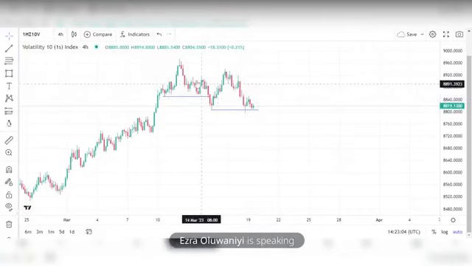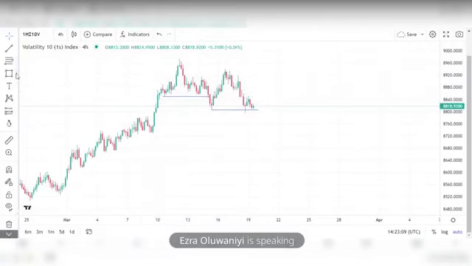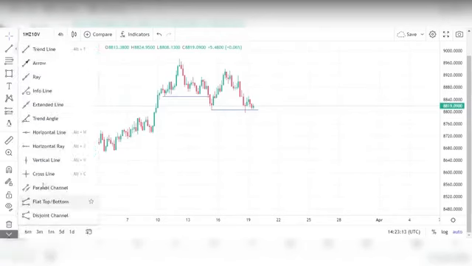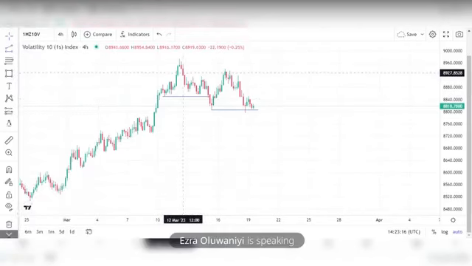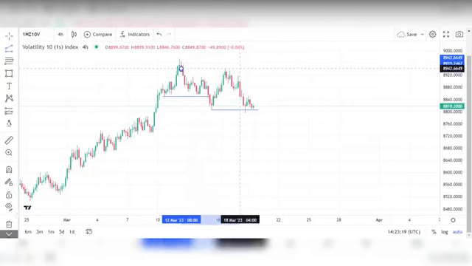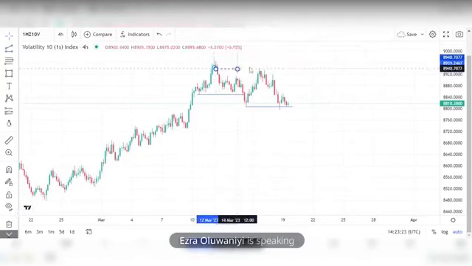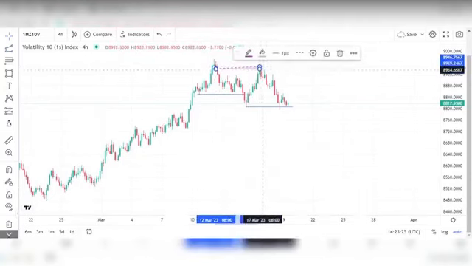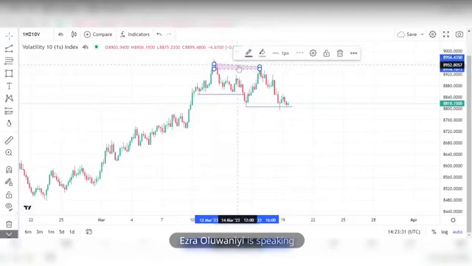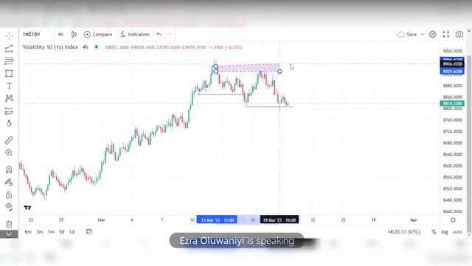So this was what I saw on it. A break of structure on H4, and then I saw this imbalance around here. So this was the imbalance I saw that made me call the trade.